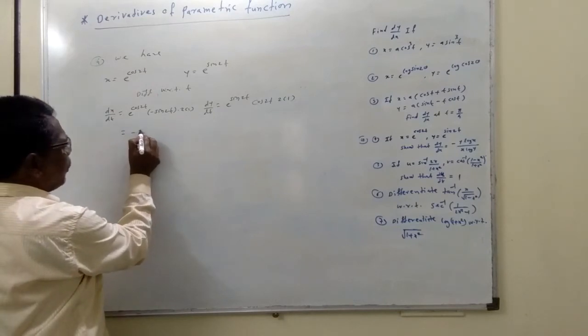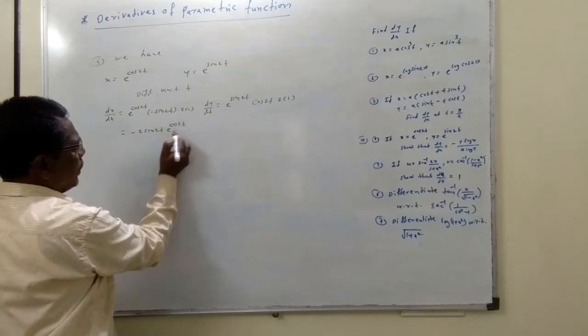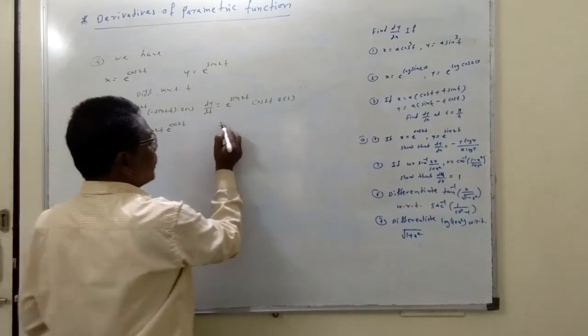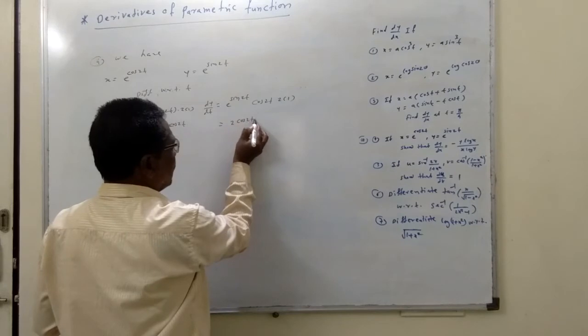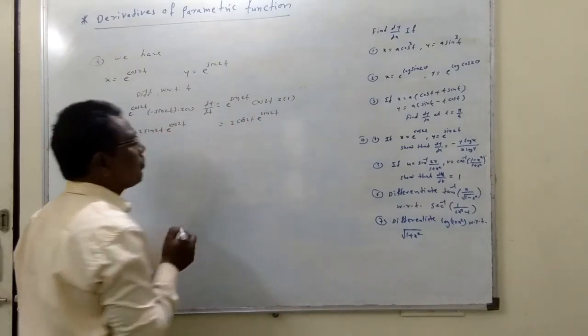So that is minus 2 sin 2t e raised to cos 2t, and this is 2 cos 2t e raised to sin 2t.